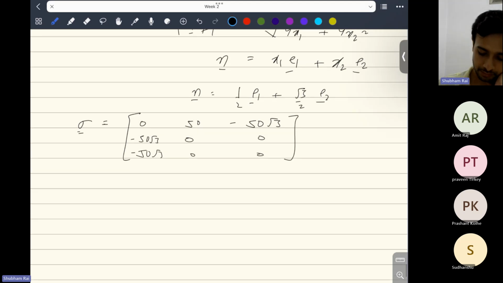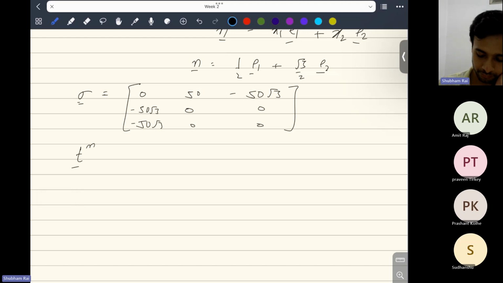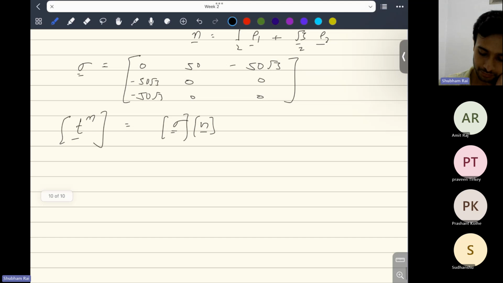And you know that the traction vector on a plane with normal n is given by nothing but sigma times n. So you have sigma also, just multiply both of them. Oh, sorry, this will be 50 because it has to be symmetric.